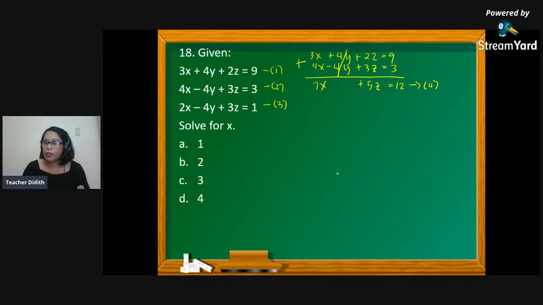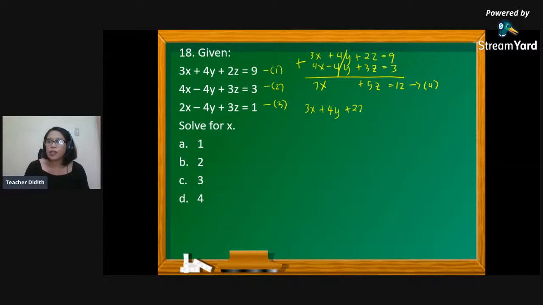And then we will select again another pair of equation. And if we find easier to use addition rather than subtraction, maybe we can use addition and we can select equation 1 and equation 3. So we have 3x plus 4y. Okay, may mga sagot na yung iba.